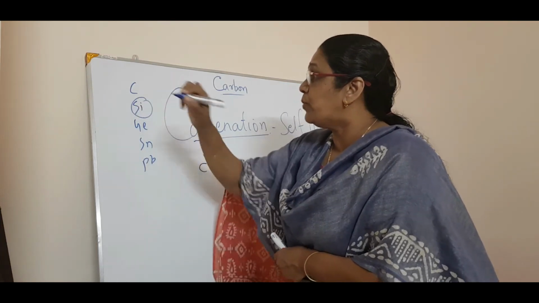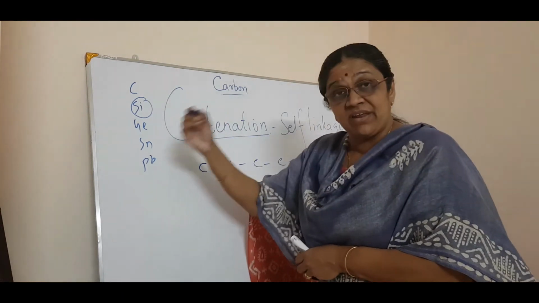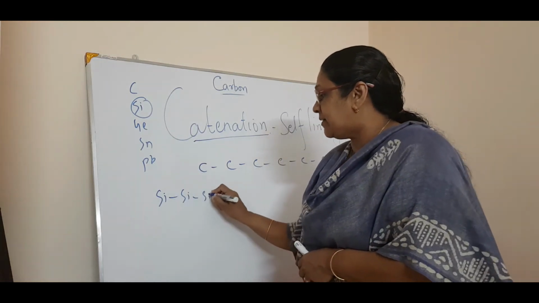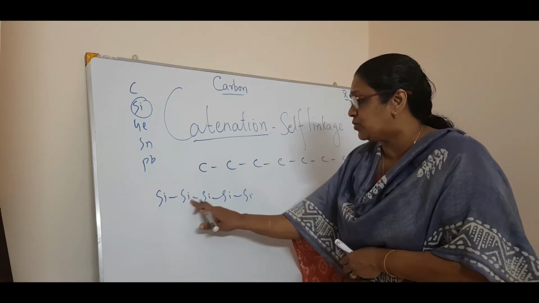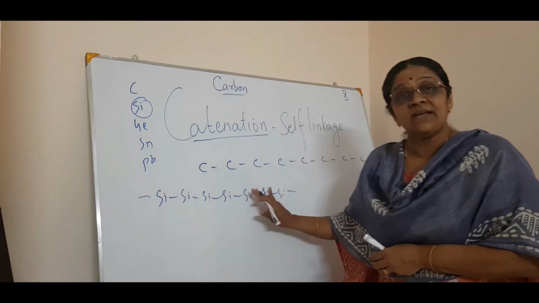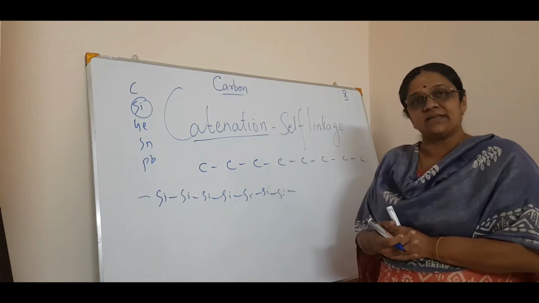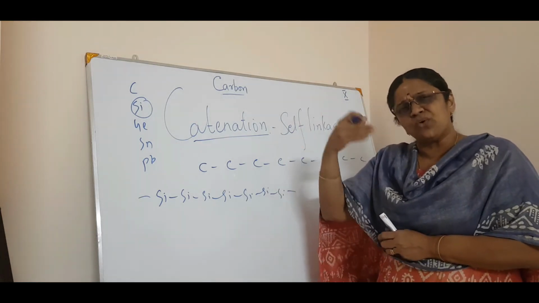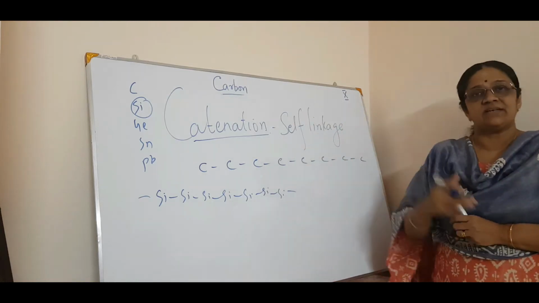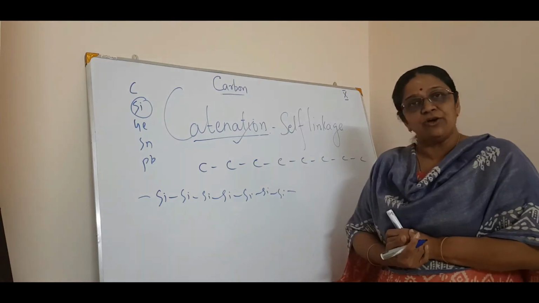Silicon also has this catenation property, but it can only go up to 7 or maximum 8 silicon atoms: Si 1, 2, 3, 4, 5, 6 or maximum 7. After that, no bonding will happen. But in carbon it is not like that. You can have 26, 28, 30, 50 carbon atoms together. That is why it is the unique ability of carbon.